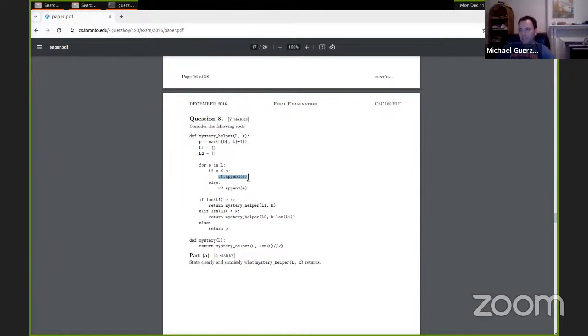So basically in the worst case, L is all of L1, and L1 only grows shorter by 1 every time. So that indicates that you have length of L calls, if that makes sense.